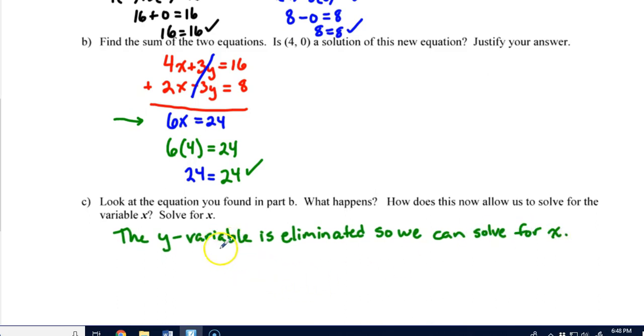Okay, so when there's no y's, it's just a simple equation with x. We can solve for x. All right, and how would we do so? Well, it's 6 times a number we don't know. We just undo that multiplication with division. So therefore x equals 4.